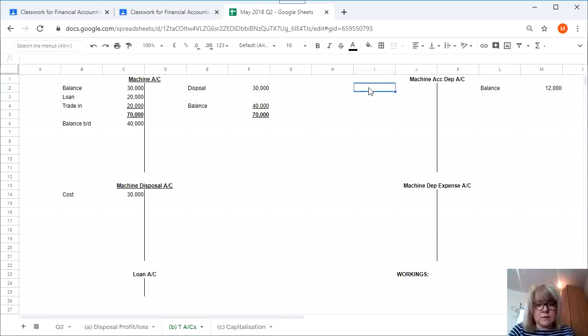So now disposing of that machine, we write off all the accumulated depreciation on that old machine, and the corresponding entry for the write-off of that depreciation again goes to the credit side of the disposal account. So that 12,000 goes in there, and then we can see that we got a trade-in of 20,000.